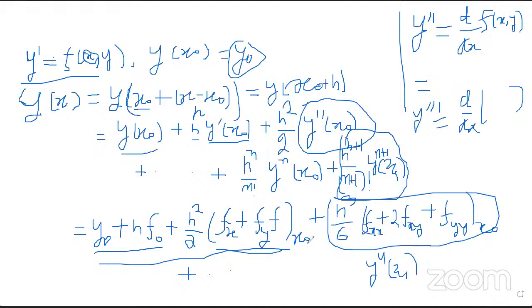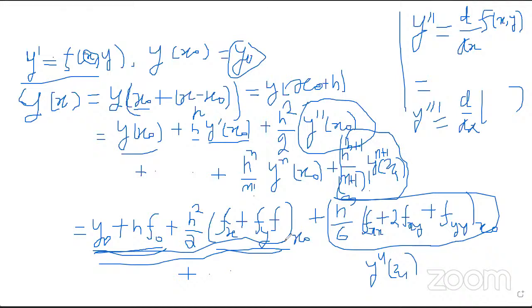Suppose we generate a method keeping two terms, and then we compute the approximate solution, and we feel that the approximate solution does not have the desired accuracy, so we can take another one, we can take 3 terms.